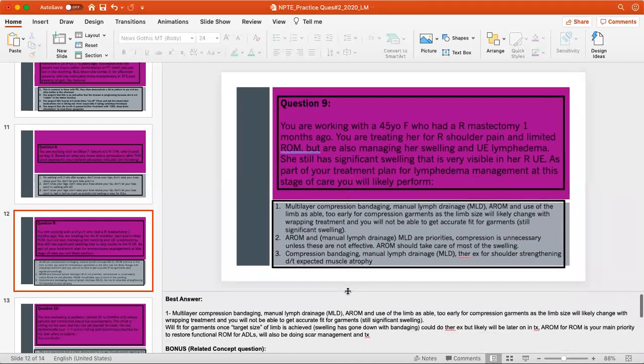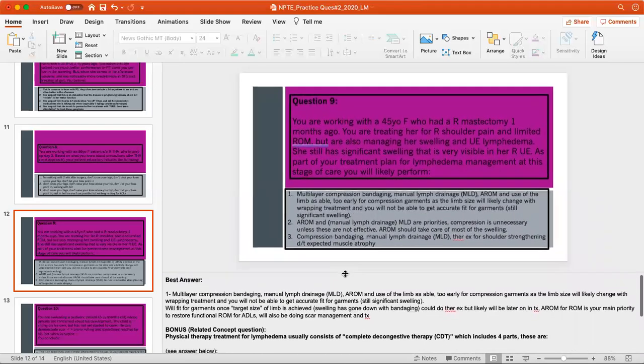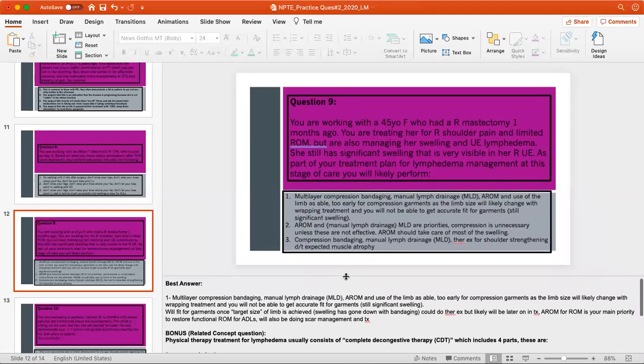So that's kind of the explanation. I think we talked through a lot of that. Kind of a memorization or terminology question related to lymphedema. So physical therapy treatment for lymphedema usually will consist of parts of or all 4 parts of complete decongestive therapy, what's termed CDT. And these 4 parts are, do you remember these? I don't.